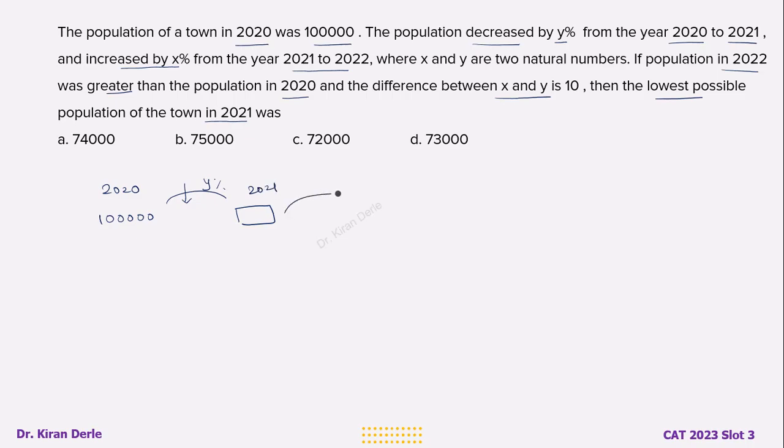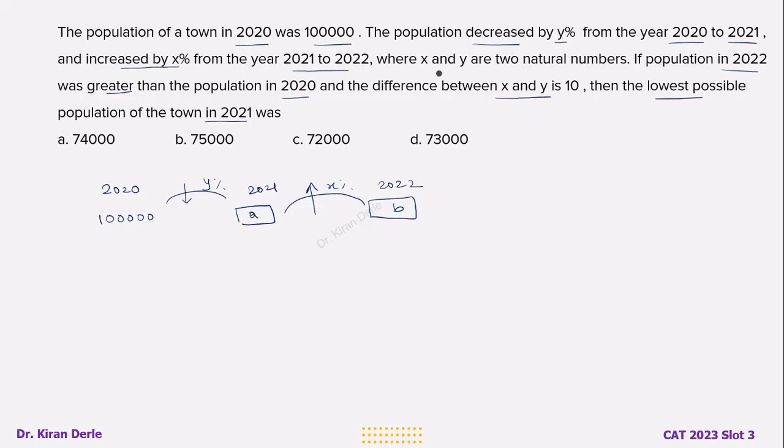Now it is further increased by x% and you have some population in 2022. Let's say this is A and this is B. Population in 2022 is B and population in 2021 is A.